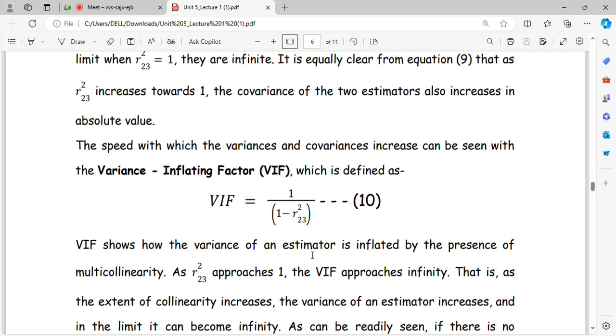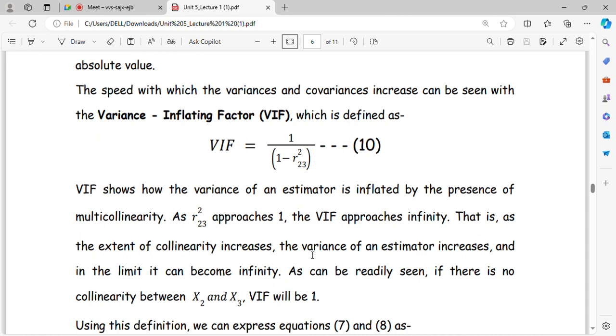So VIF shows how the variance of an estimator is inflated by the presence of multicollinearity. Clear? VIF shows how much the variance of the estimator can increase by the presence of multicollinearity. As r square 2 3 approaches 1, the VIF approaches infinity.